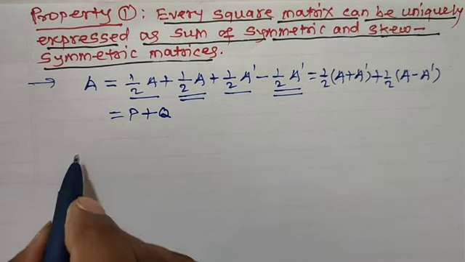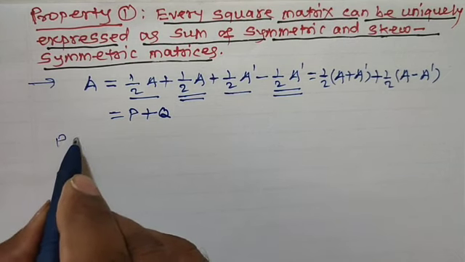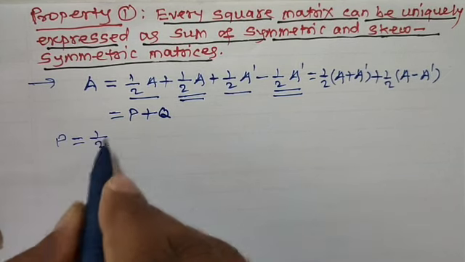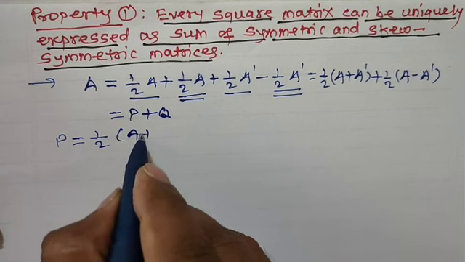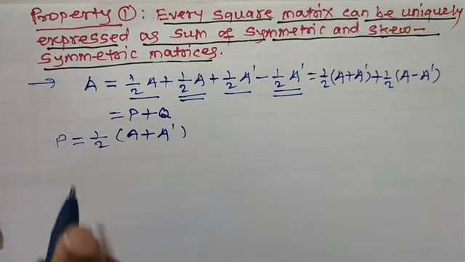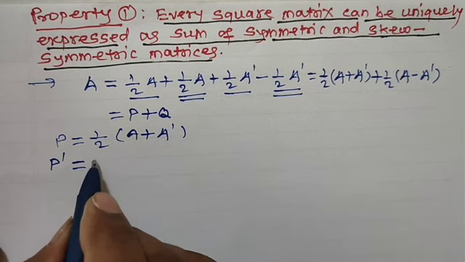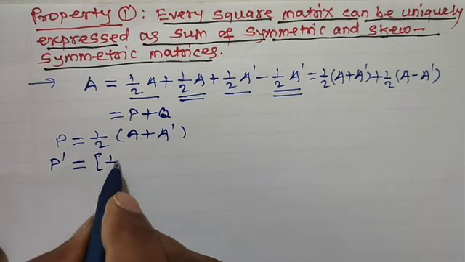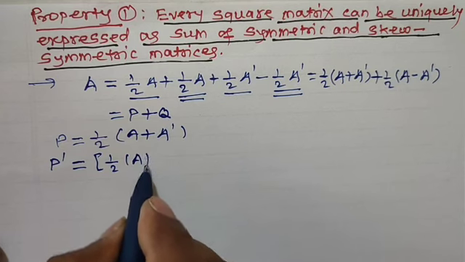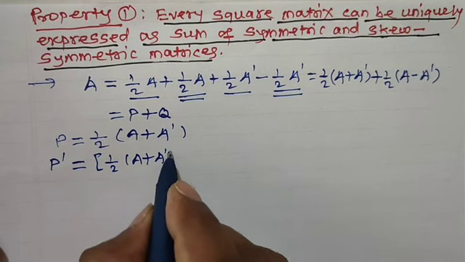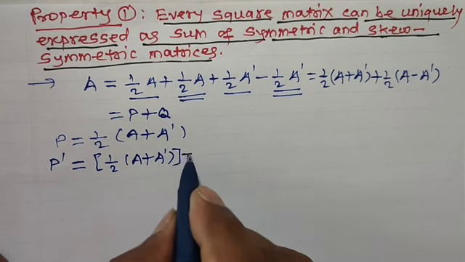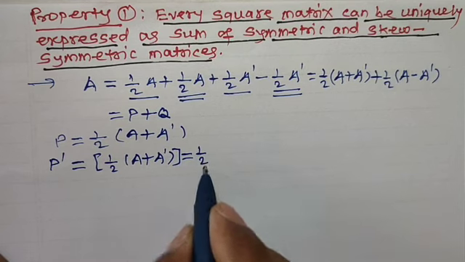Let us assume P is equal to half of (A plus A dash), this matrix. Then P dash will be equal to half of (A plus A dash), its transpose. Half is the coefficient.